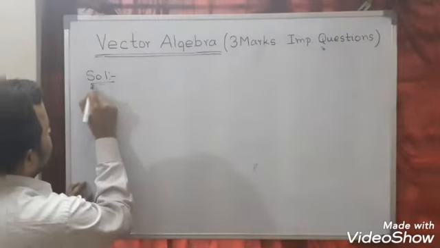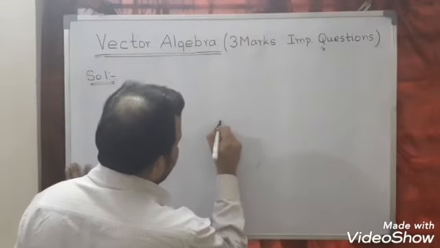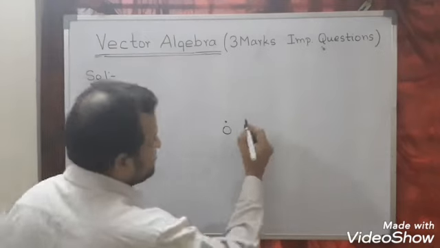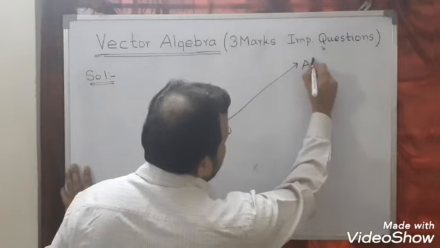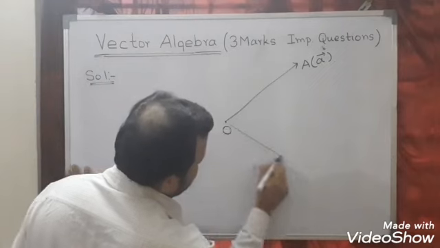So solution is, let us draw the figure. I am taking the point O here, which is fixed. One point is here A, whose position vector is vector a. I am taking one more point here.